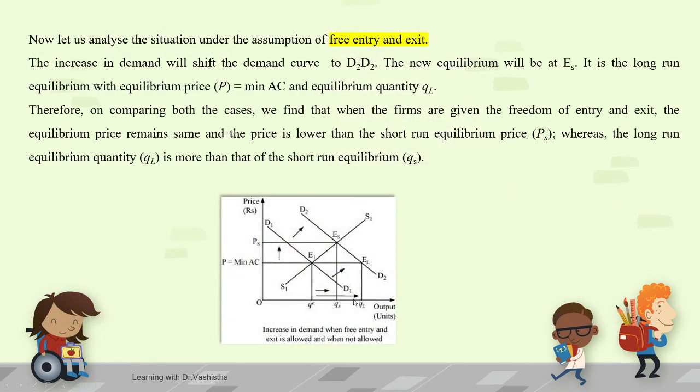So here the long run equilibrium quantity is more than the short run equilibrium quantity, whereas in terms of price the scenario is slightly different, or we can say opposite.